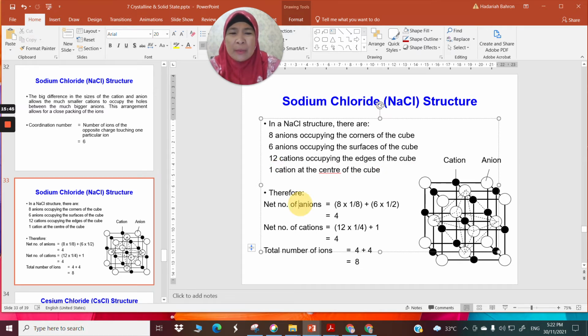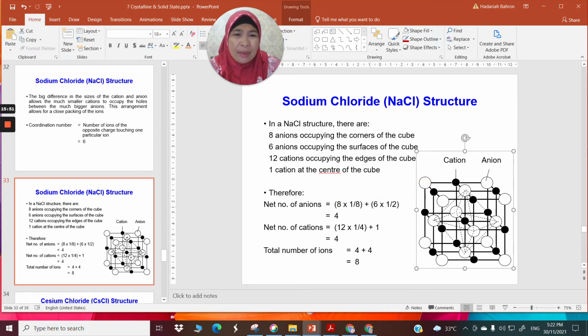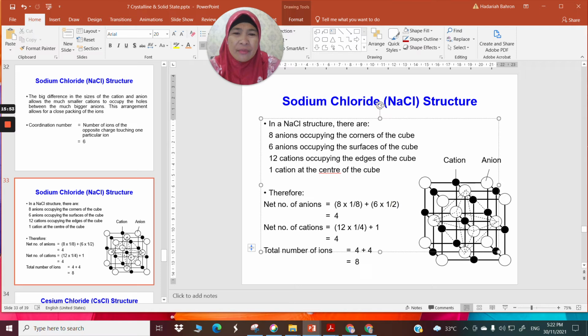So to count the number of anions, it is 8 times 1/8, plus 6 times a half, that's 4. For cations, you have 12 on the edge, so 12 times a quarter, plus 1 right there in the middle. So that is 4. So the ratio is always 1 to 1, 4 with 4.